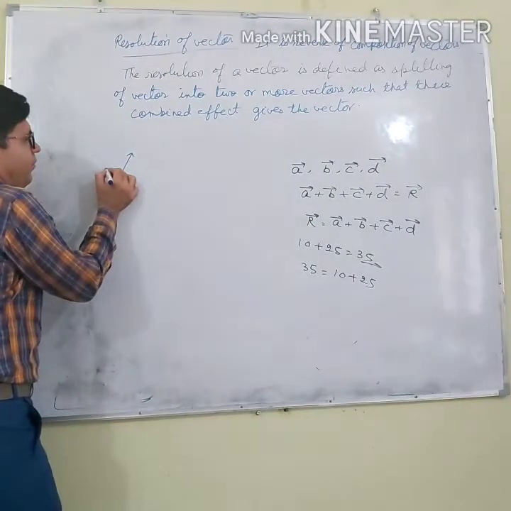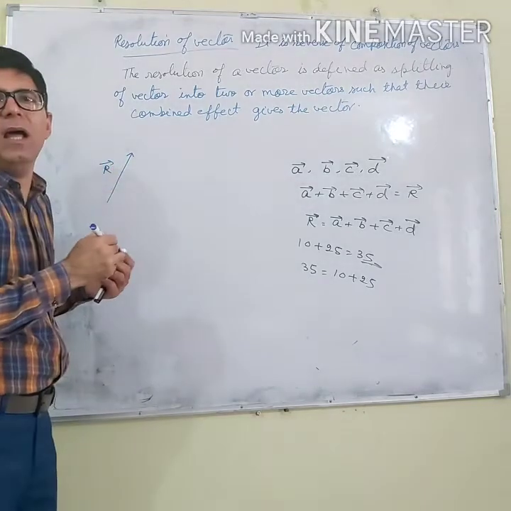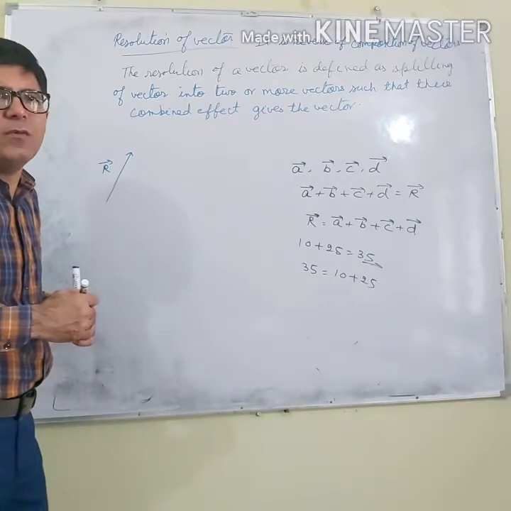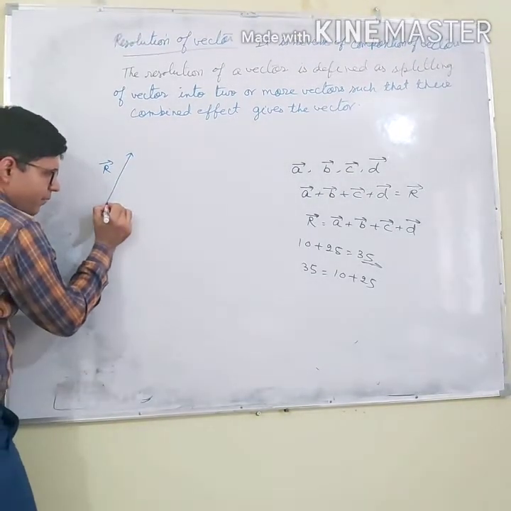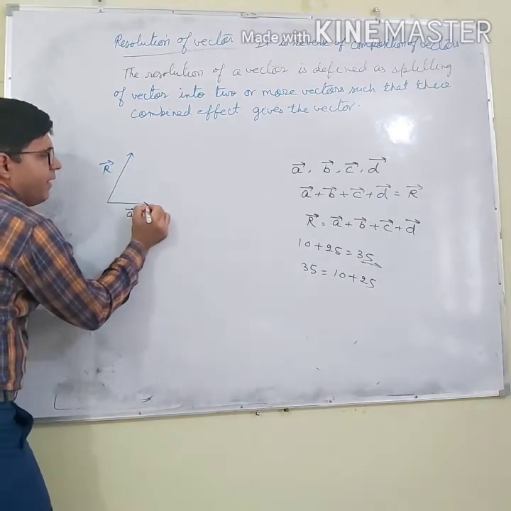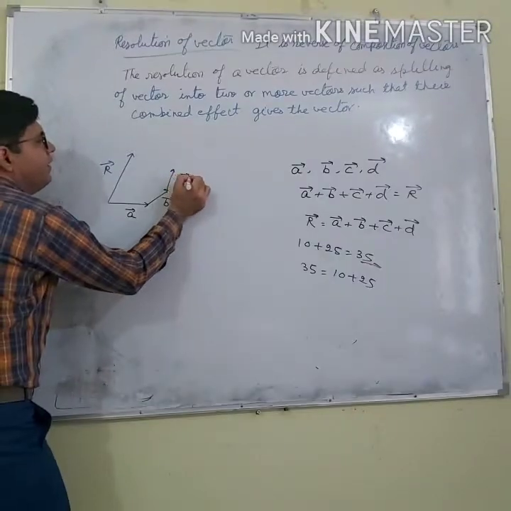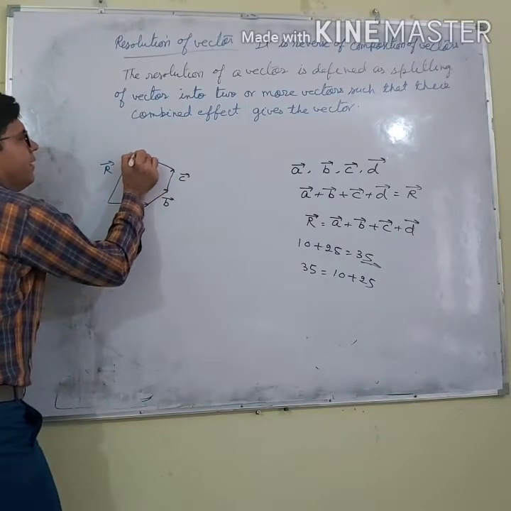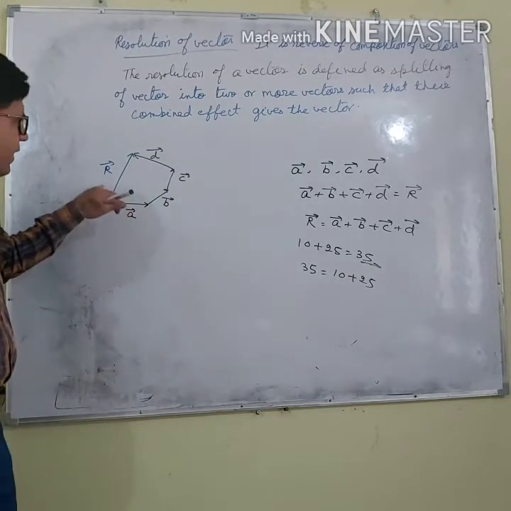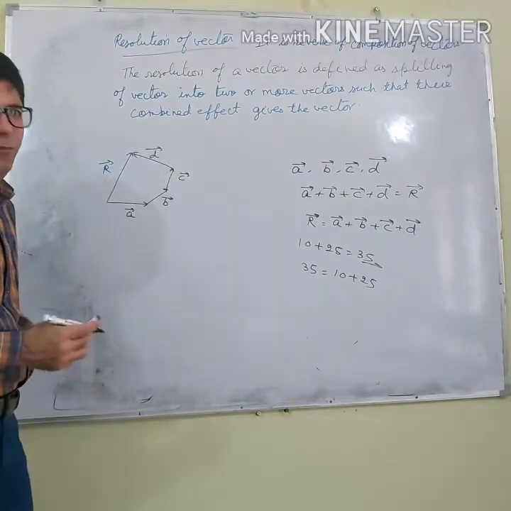Let us say I am having a vector R. My target is to find the components of this vector. How can I find the components of this vector? Let us say here I am having a vector A, here vector B, here vector C, and here this is the vector D. Then what can you say from the figure? R is the resultant of A, B, C and D. Why?